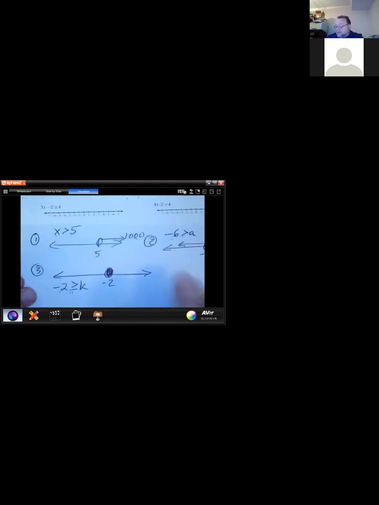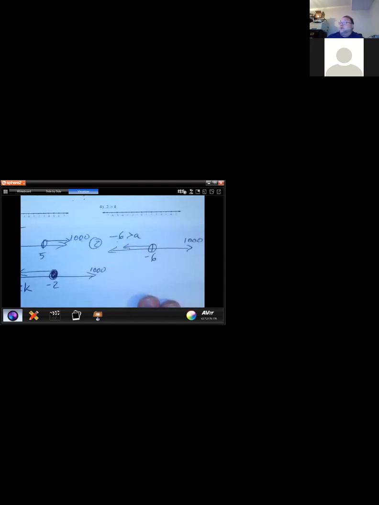And this line here tells me that it's equal or greater than. So I'm still going to put my 1,000 out here because I like using my 1,000. And we're going to say, is -2 greater than or equal to 1,000? No, it's not. Therefore, this can't be the solution. It has to go that way. One more and then we're done.